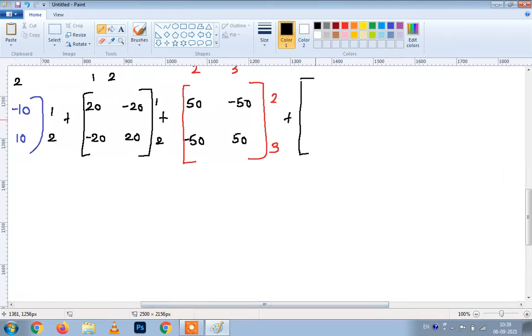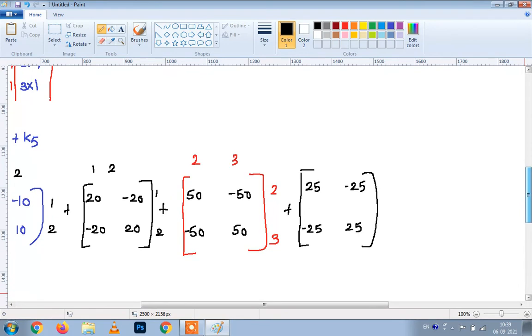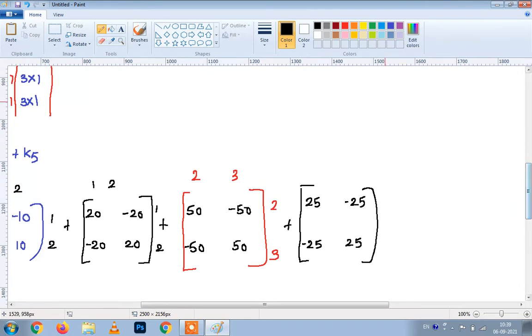So, it is 25, minus 25, minus 25, 25, and it is connected between 1 to 3. So, I am writing here the degrees of freedom 1, 3 and 1, 3.